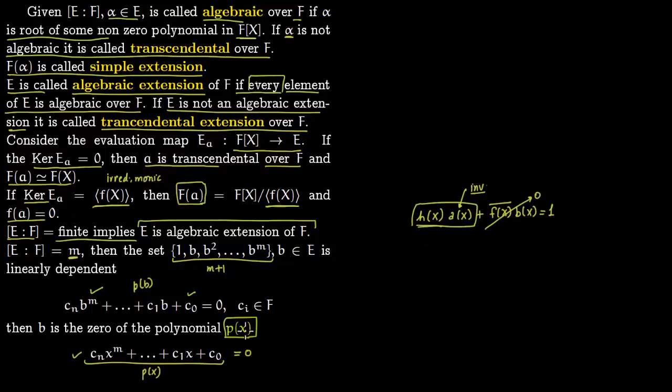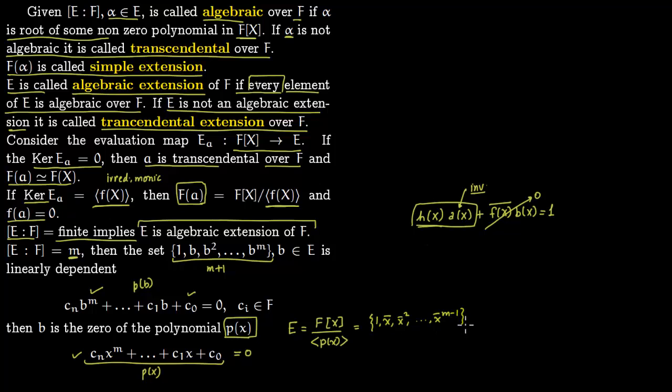Now you can construct your field extension. Your field extension is just E equal to F[x], and you modulo out by your polynomial here. The degree of this polynomial is m. You obviously know that this is generated by 1, x bar, x bar squared, all the way to x bar^(m-1).